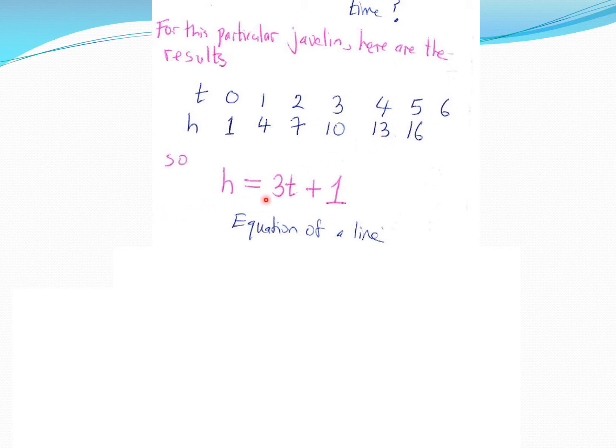Now, the beauty of this linear relation is that if you pick a time between 2 and 3, let's say 2.8, you can work out what the height is at 2.8 seconds by substituting 2.8 in for t. That's what we've done here. If the time is 2.7 seconds, h equals 2.7 times 3 plus 1 equals 9.1 meters.